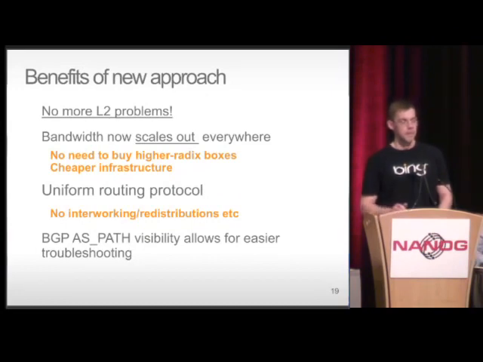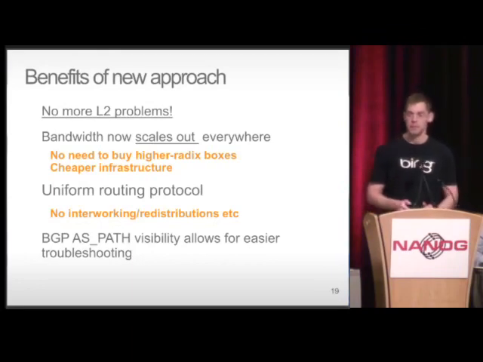And lastly, BGP has some nice properties. Specifically, the AS path attribute allows you to see the exact path your prefix took in the topology, and this also helps in troubleshooting, because you can know, hey, this prefix came from that ToR switch in that container.